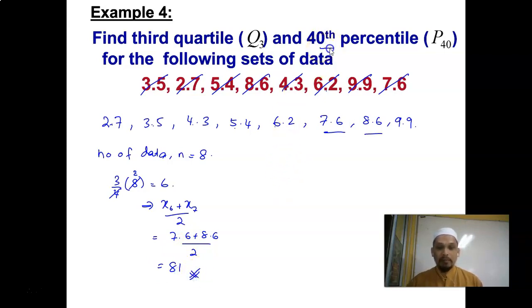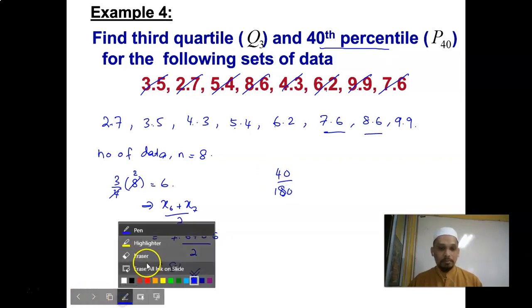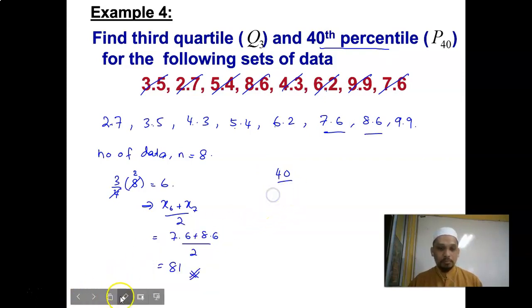Okay, and the 40th percentile, 40/100 multiplied with the number of data, which is 8 here, equal to 3.2, round up to 4.